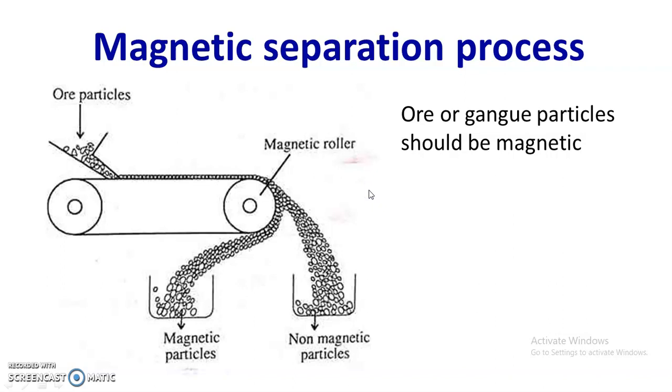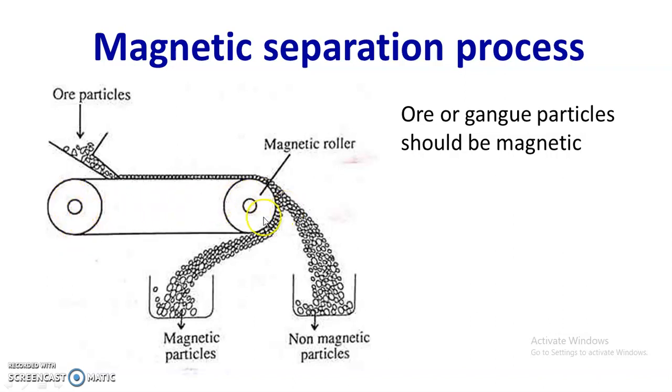Now in this method there is an electromagnetic separator, and this electromagnetic separator consists of a leather or brass conveyor belt. So this is the leather or brass conveyor belt moving over two rollers. These two are the rollers.